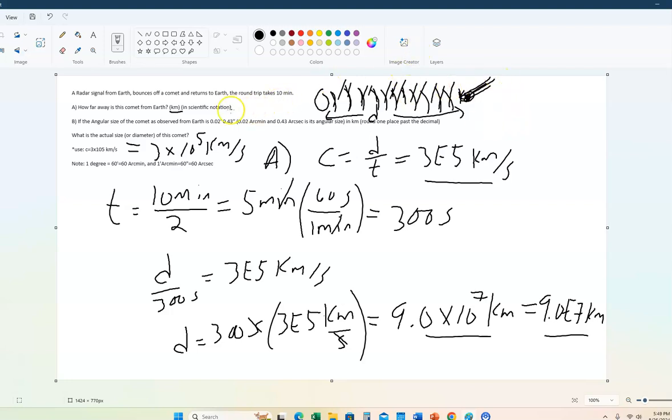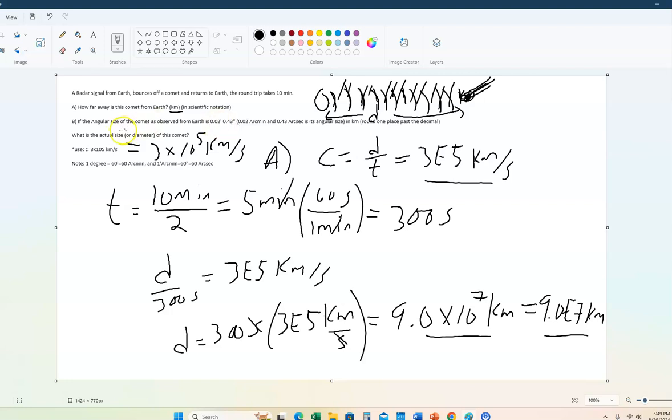Now if we read the rest of part B to this problem, it says the angular size of the comet as observed from Earth is 0.02 arc minutes and 0.43 arc seconds. That's a really tiny angle.